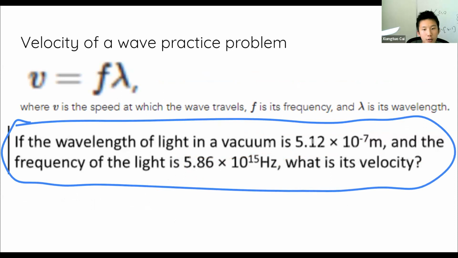So using those two pieces of information, what is the velocity of light? And I have the equation over here for your reference. Everyone can try this practice problem out. I'll give a few minutes. Oh yeah, and if you have an answer, you can just tell me in chat.